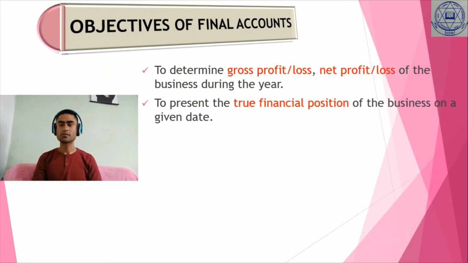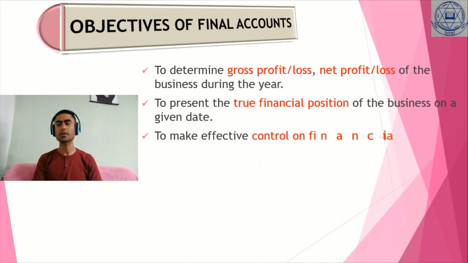Similarly, to provide the true financial position of the business, final account is important. True financial position means the exact financial status of the business organization. It can be determined by preparing balance sheet. Similarly, to make effective control on the financial activities of the business.